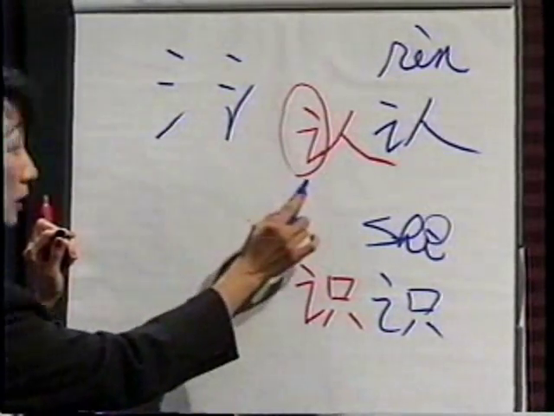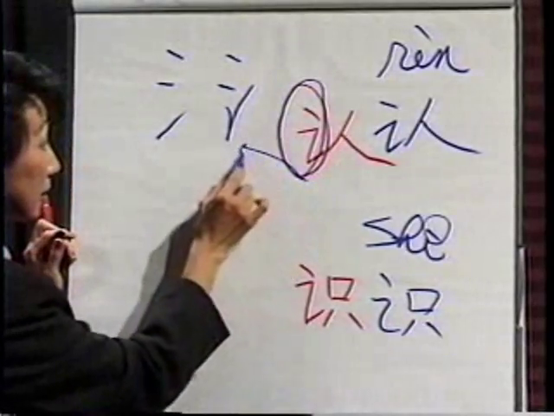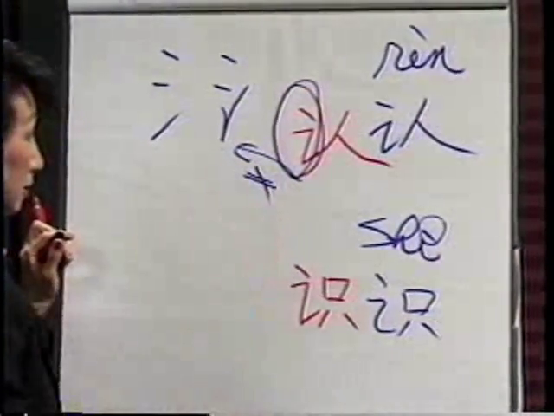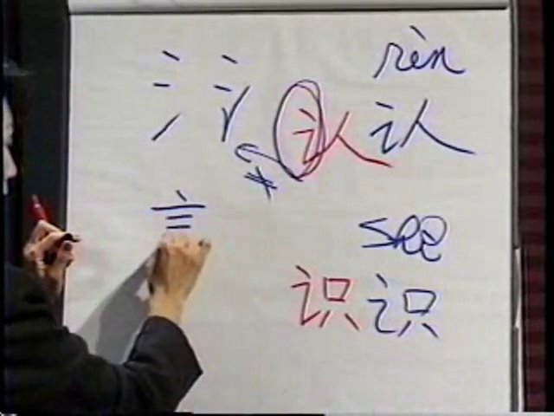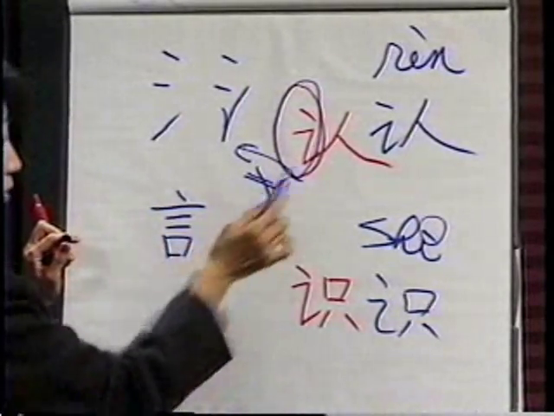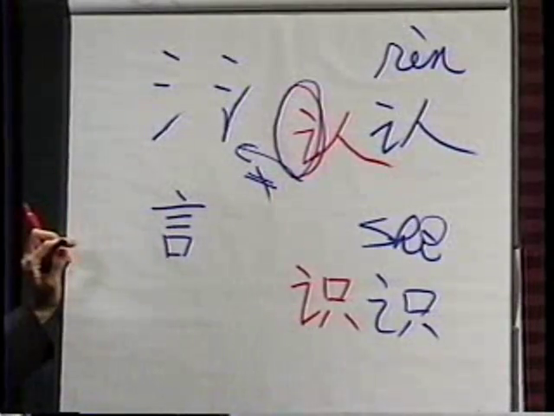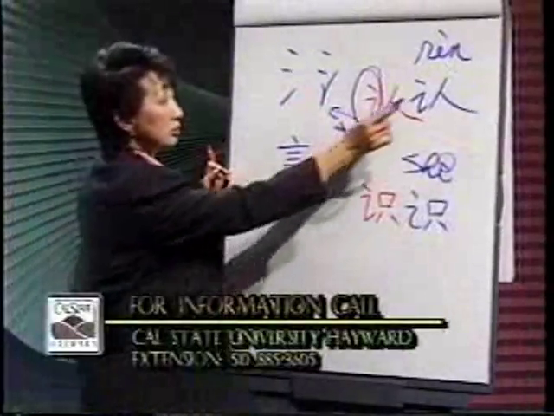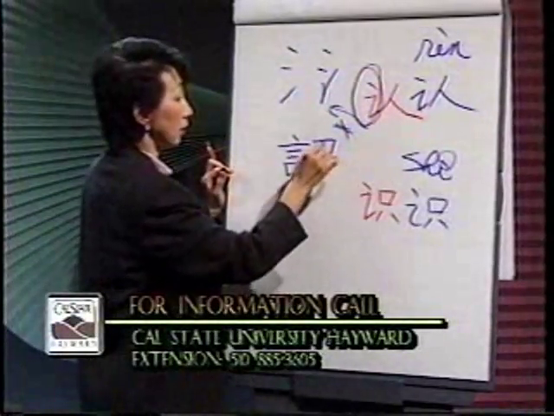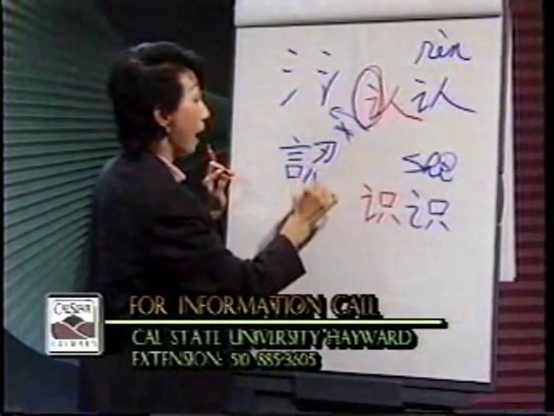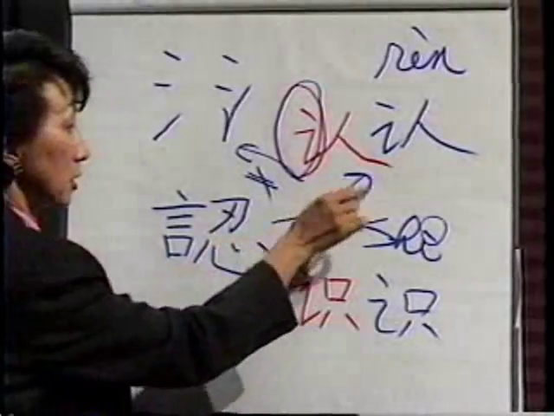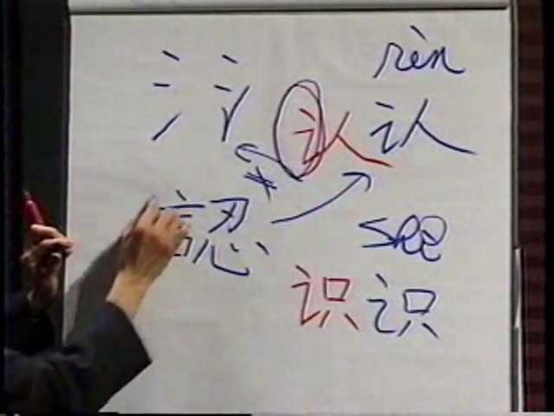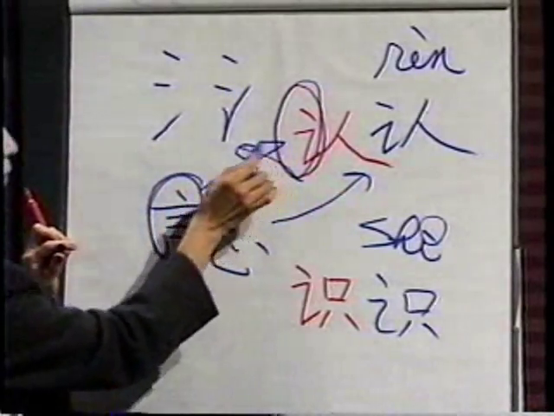But this one looks like this, but it's not this. This one originally is a language. When you want to know someone, you need to use your language to communicate. And this part, originally the character was written like this. Wow, so complicated. Now it turns out to be the simplified one. And this language radical turns out to be this one.